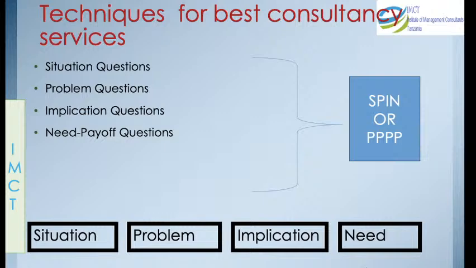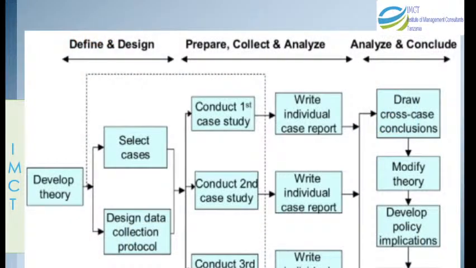So let's go back to our SPIN model: situation, problem, implication, and need. Normally, the more you go through this model, the more you increase commitment for a solution, client partnership, and a better relationship for tomorrow's consulting business.